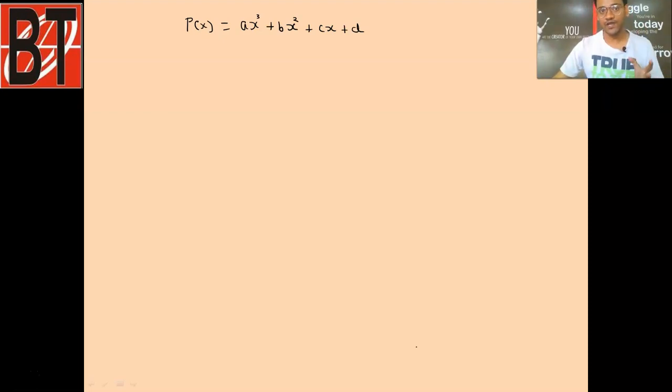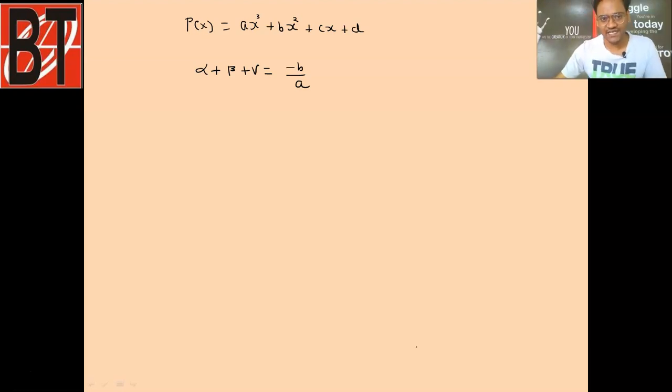The first relationship we derived was for the sum of zeros, alpha plus beta plus gamma, and it was minus b upon a. Remember students, b is the coefficient of x square and a is the coefficient of x cube here.